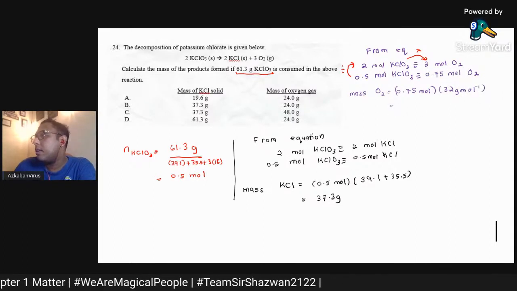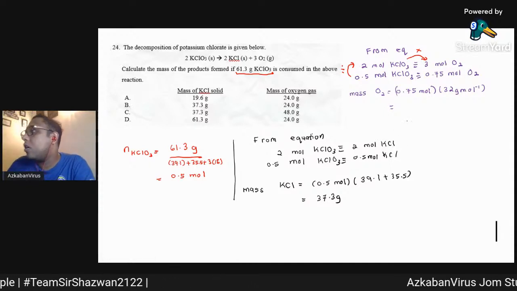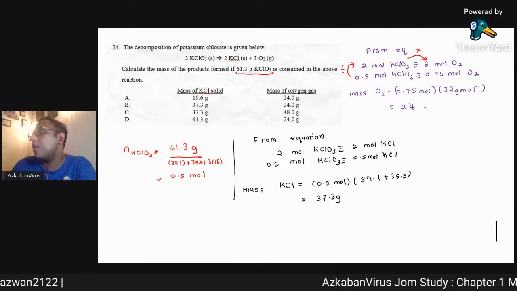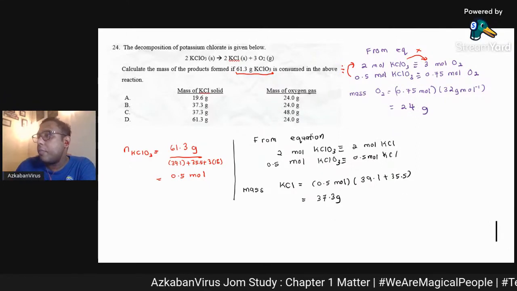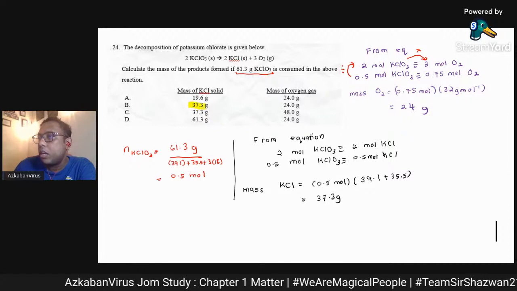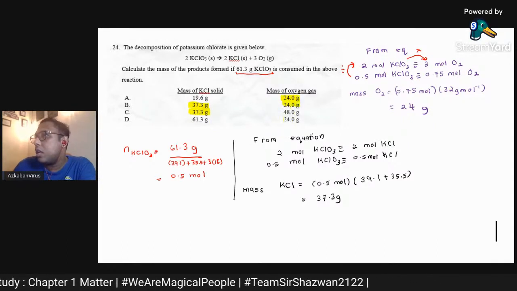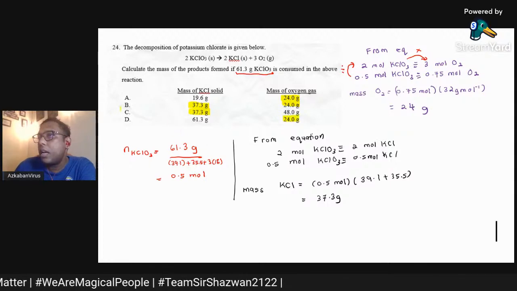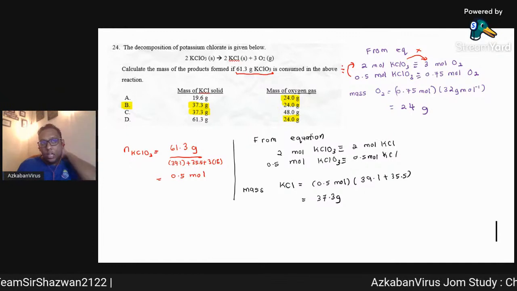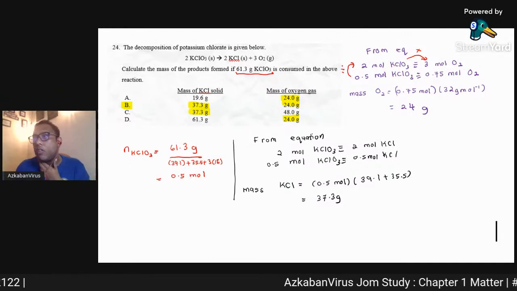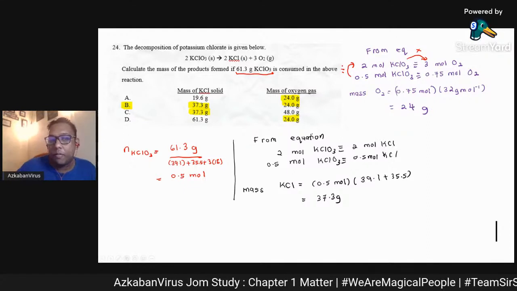Dia akan dapat ni sama dengan 24 gram. So daripada sini 37.3 adalah untuk yang ini dan 24 adalah ni. So jawapan dia adalah B. Okay, soalan ni taklah susah sangat tapi tak adalah juga mudah sebab dia ada beberapa step yang panjang sikit.